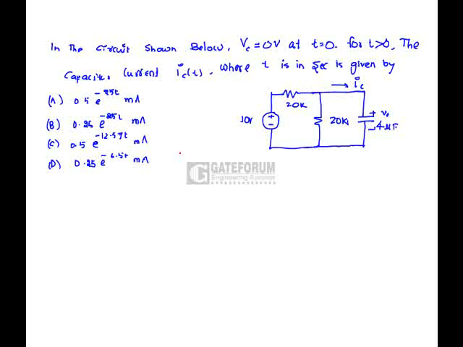This is the capacitor with the source circuit. As time increases, the voltage across the capacitance is going to increase, which will decrease the capacitor current. So we have to consider the capacitor voltage equation first in order to decide the current through it. Vc of t is nothing but Vc of infinity plus Vc of 0 minus Vc of infinity times e power minus t by RC.